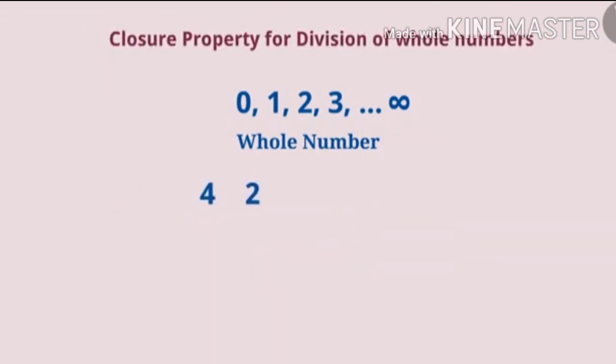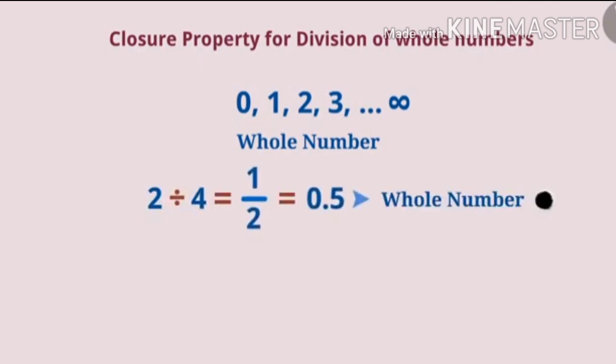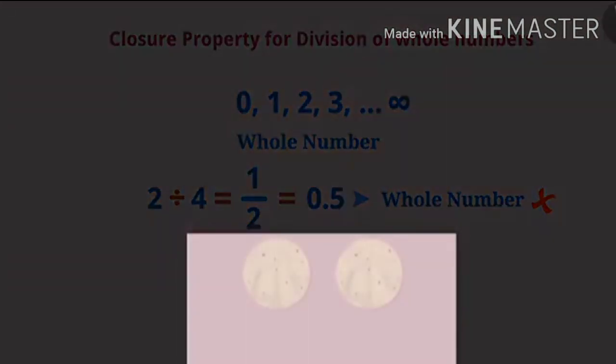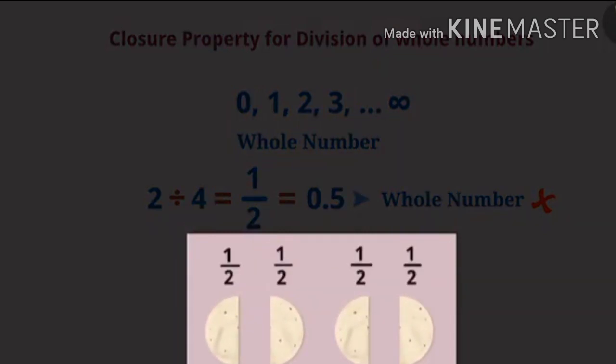Similarly, if we talk about division of two whole numbers, then we get a whole number only when the number is divisible. But sometimes the result of division is not a whole number. For instance, if we divide 2 chapatis into 4 parts, then each part will get half a chapati.